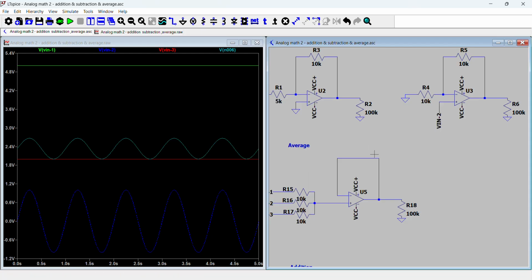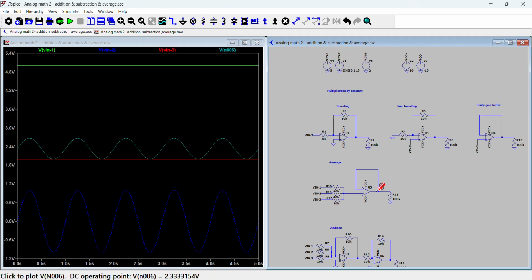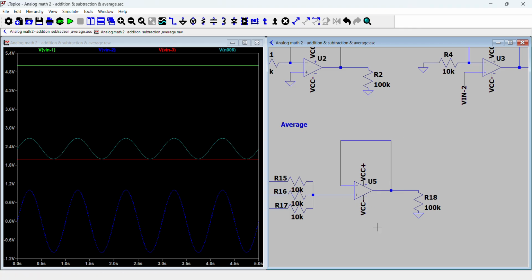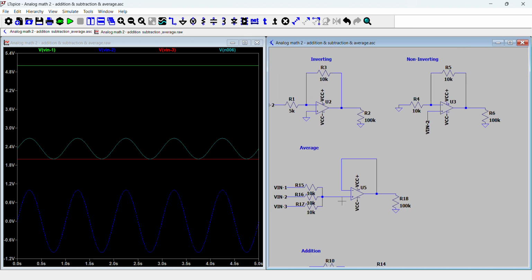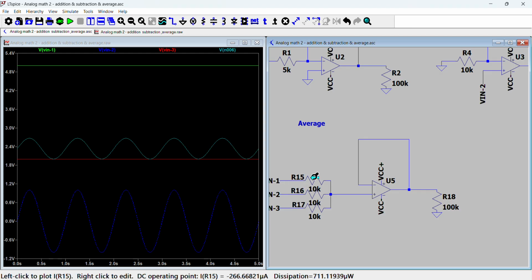And then on this stage, we basically did what we said before. We added a unity gain buffer to this output circuit. The reason why we do this is because this average circuit has an input impedance that's not infinity. It's actually this resistor, right? Because it draws current, the input impedance is not infinity.